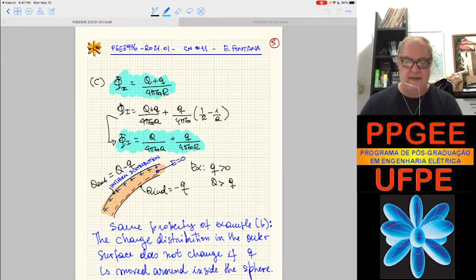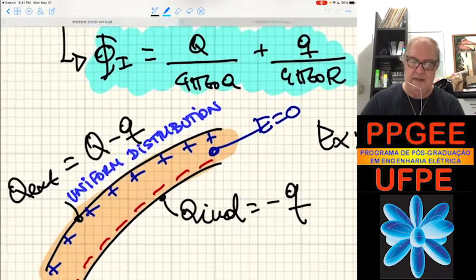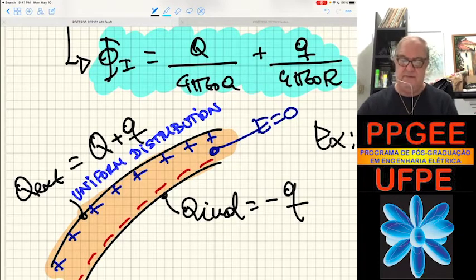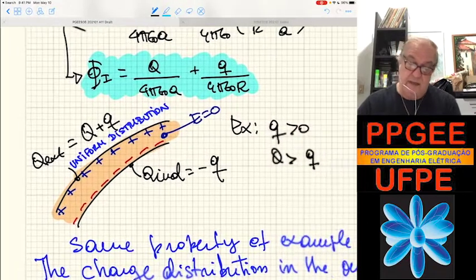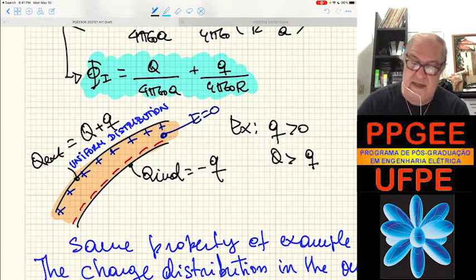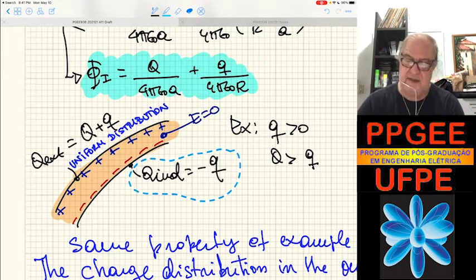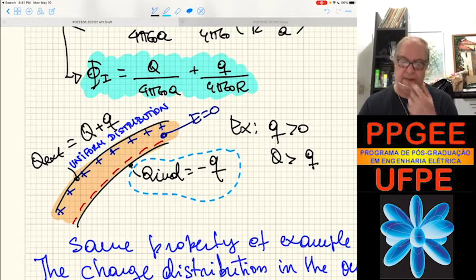Oh, there's another error here. So the external charge density is Q plus q, right? Not Q minus q. So we have a uniform distribution outside, on the outer surface, so that the total charge outside is Q plus q. Inside I have an induced charge minus q.